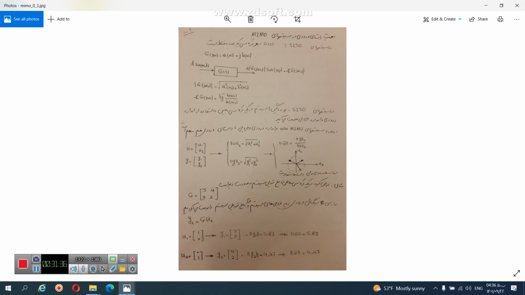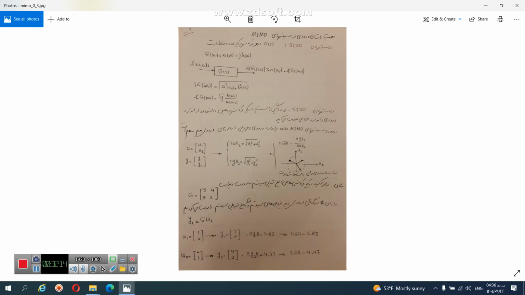If you want to find the gain of G, we divide the norm of y1 over the norm of u1. The norm of y1 equals the square root of 5 to the power of 2 plus 3 to the power of 2, and the norm of u equals 1. The norm of y1 is equal to 5.83, and the norm of G equals 5.83, because the norm of u is equal to 1.